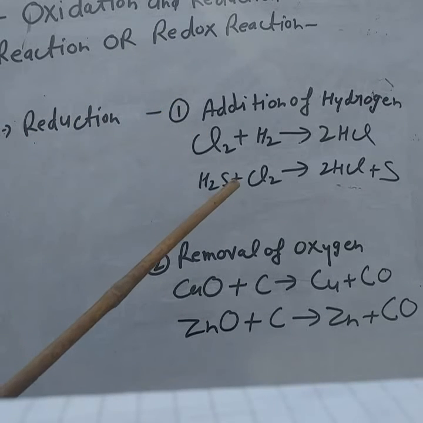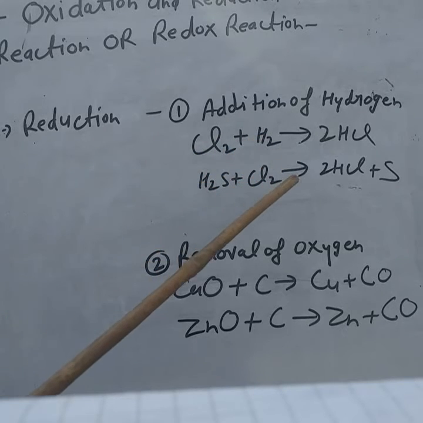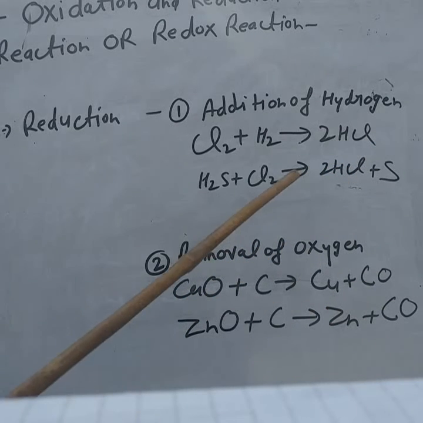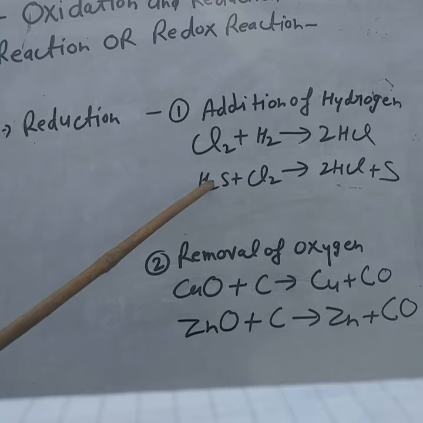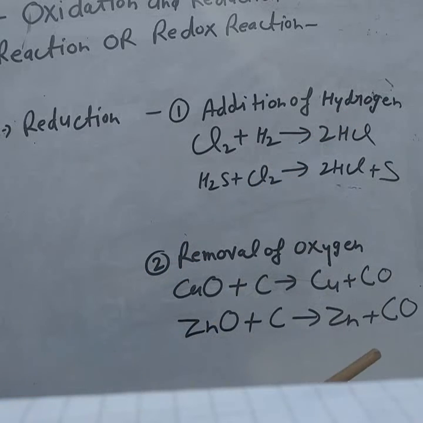In this example, Cl2 reacts with hydrogen to give hydrogen chloride. In this reaction, hydrogen is added, so this is called addition of hydrogen.